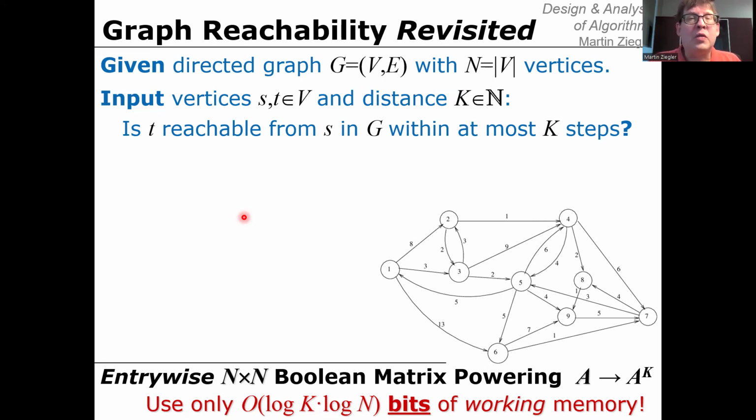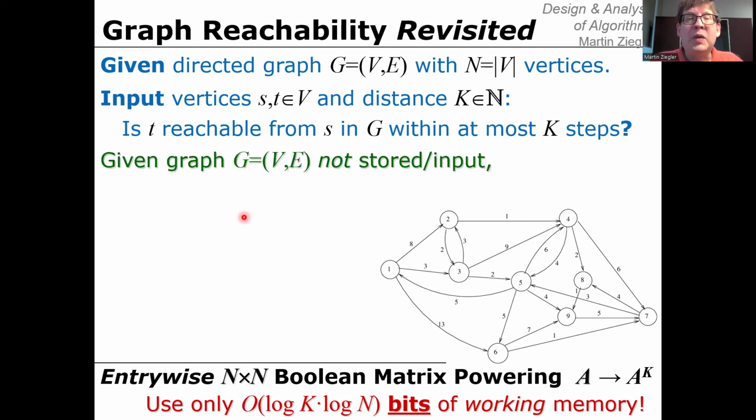And again, in order to allow for a sublinear memory algorithm for this problem, we change the specification to say that the input graph is not supposed to be stored in the working memory of the algorithm. It's provided in some other separate part of the memory, with only read-only access.